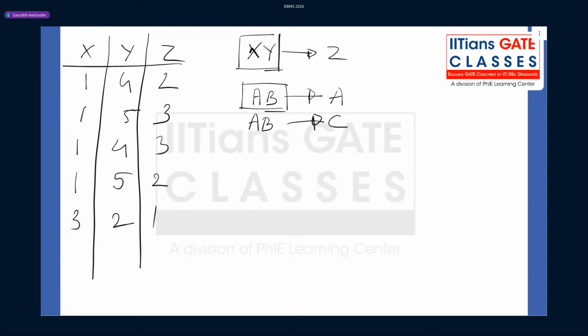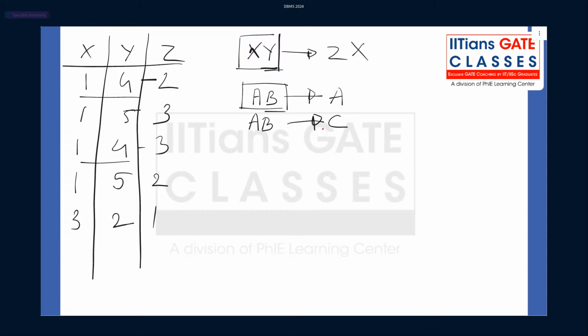So we can look at it. xy gives z. We have 1 4 gives 2. What we have to check is if 1 4 derives another value apart from 2 in the same relation instance. We have 1 4 derives 3 here, right? So xy gives z does not hold.